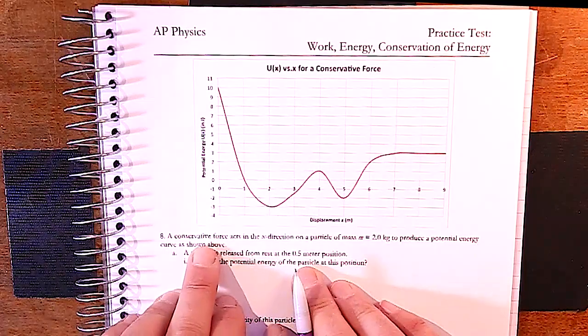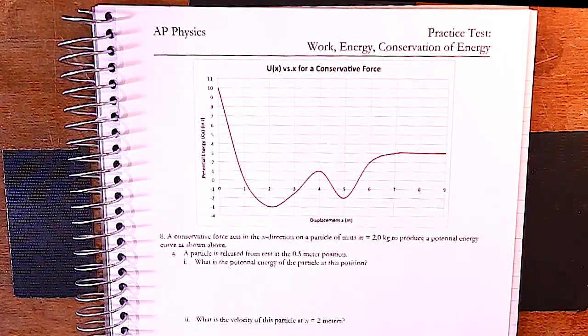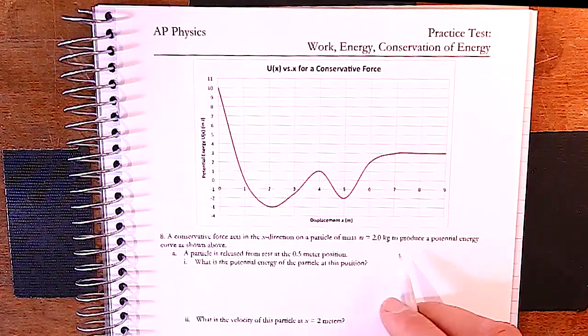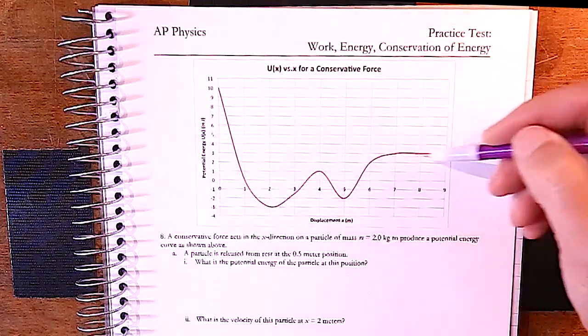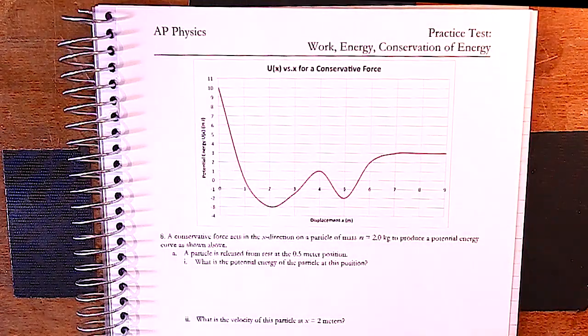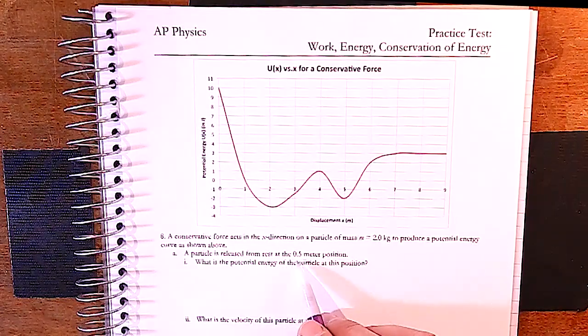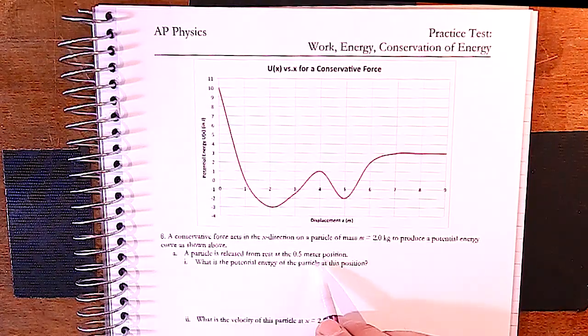We have a conservative force that acts in the x direction on a particle of mass 2 kilograms to produce a potential energy curve above. So here's our potential energy curve as it's changing. And it says the particle is released from rest at 0.5 meters.